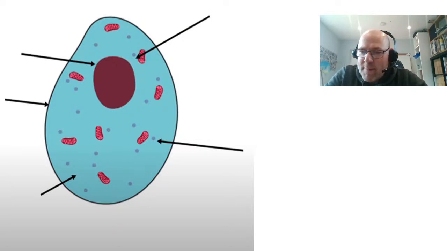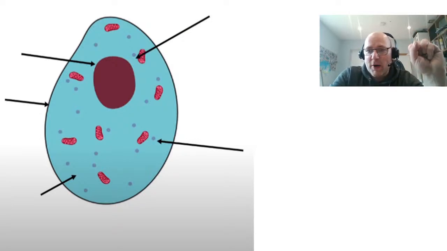What about the ribosomes? What do they do? Anyone know what the ribosomes do? Protein synthesis. That's right, George. They're for making proteins. And can you think of 3 things in the body that are made of protein?